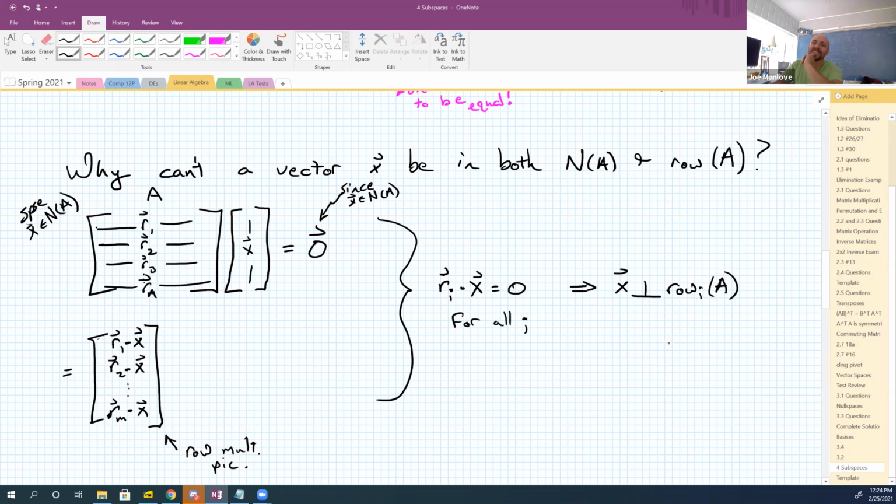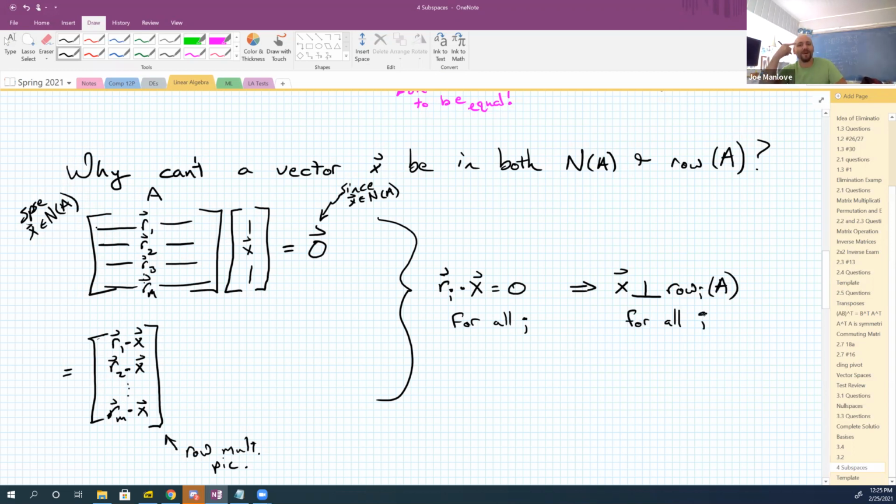So this means that X is perpendicular to each of the rows, right? But not like one of the rows. It's perpendicular to all of the rows. You guys see that?